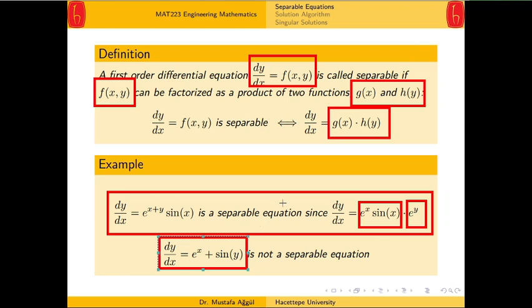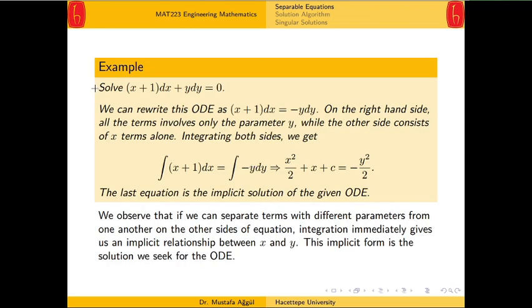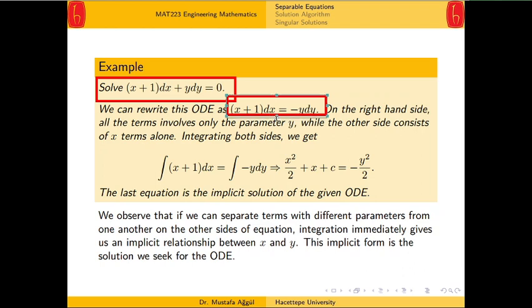Okay, so next, an example: solve the differential equation (x + 1) dx + y dy = 0. We can rewrite this ODE as (x + 1) dx = -y dy, basically moving this term to the right hand side.